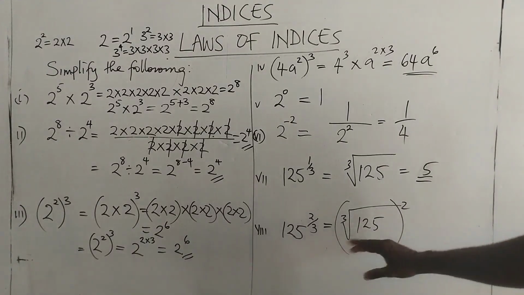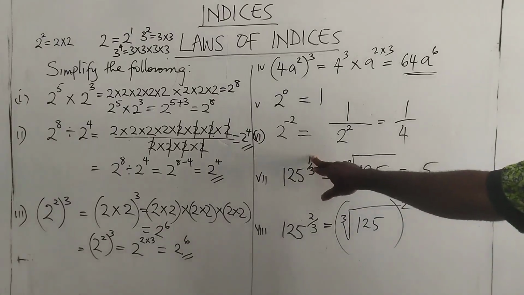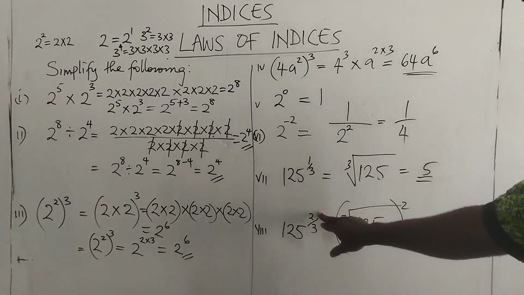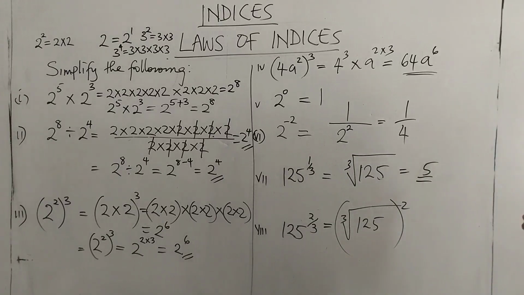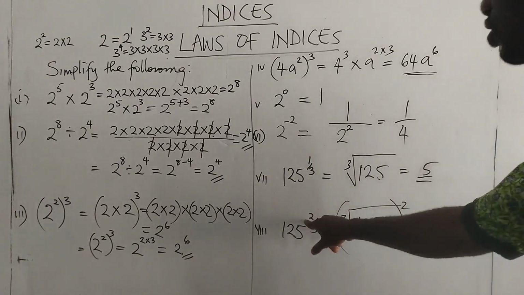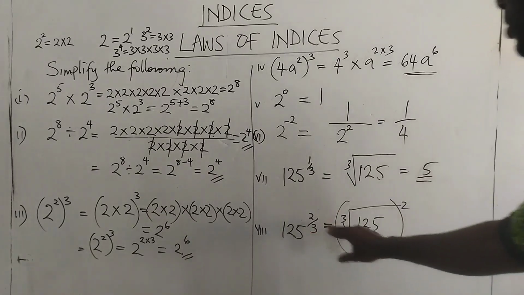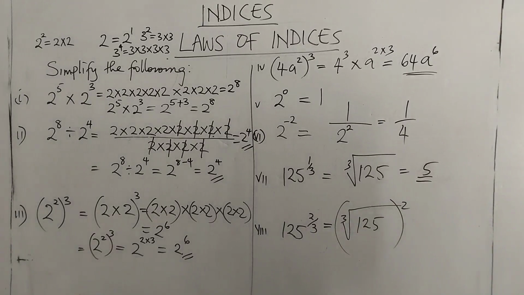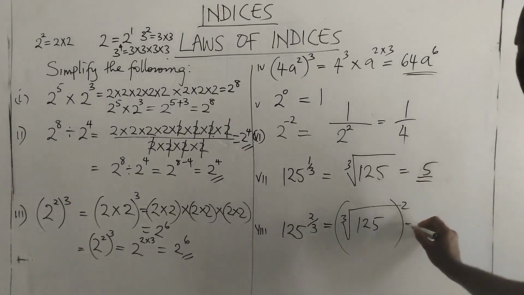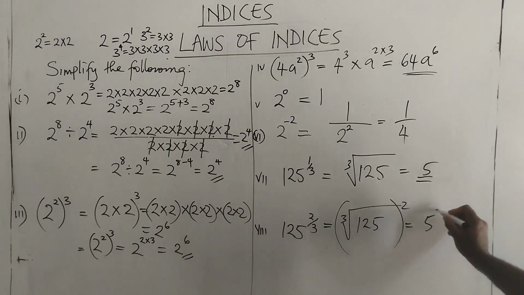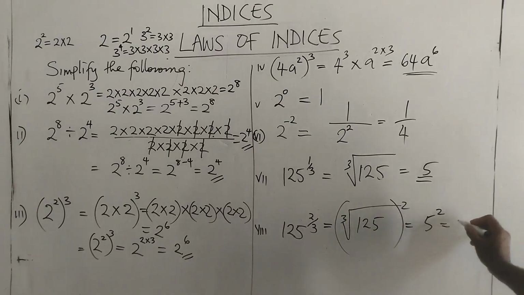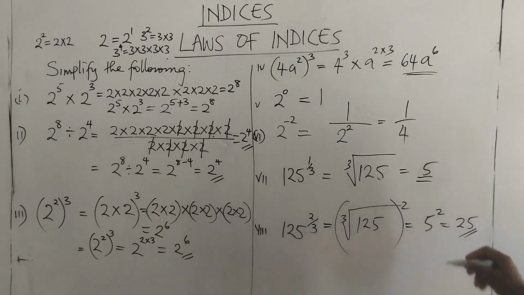So you see the difference when the fractional index is 1 and when it is not 1. Once it's not 1, it comes out as power, while the denominator forms a root. And continuing, this will give us this, and finally it lands us to 25.